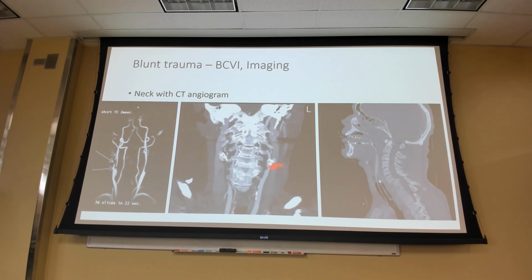I don't remember what mechanism this guy was, but this is why typically anybody I have a suspicion of or I see a seatbelt sign on the neck, we typically get a CT angiogram on that to rule this out. And then does everybody understand the difference between CT angio versus just with contrast on there?